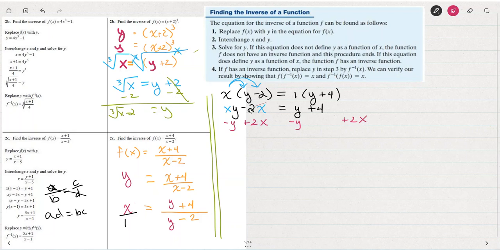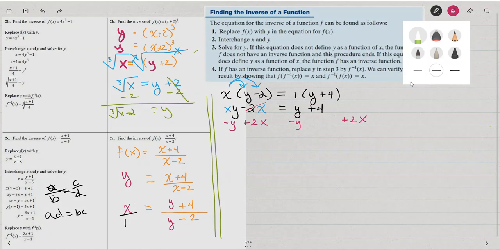Do you see that would get this 2x over to the other side? And it would get this y over to the other side. So let's try that. And what would we have? Let me erase some of those circles to make it a little clearer as you're looking back at it.